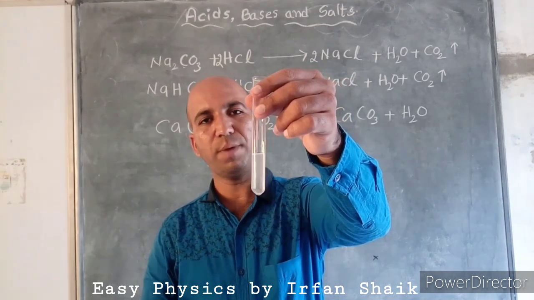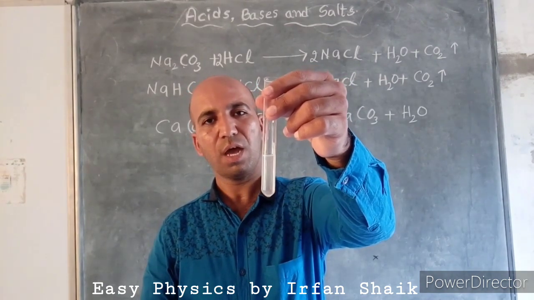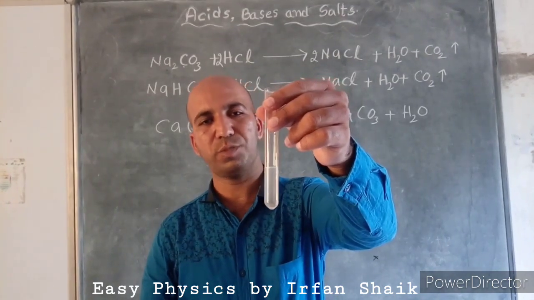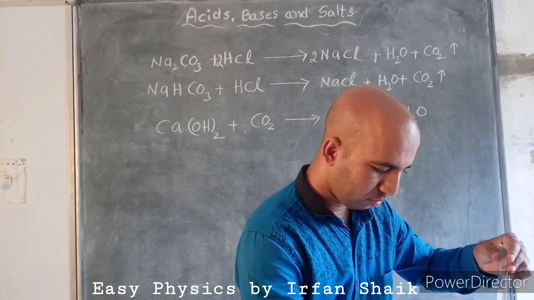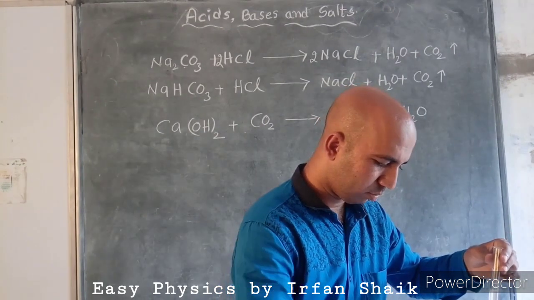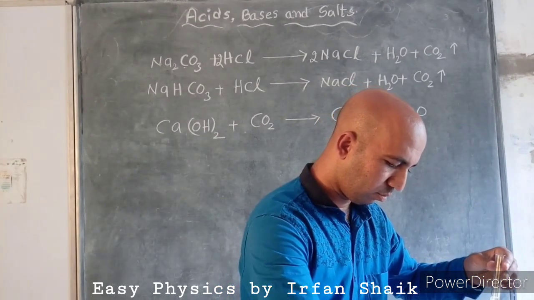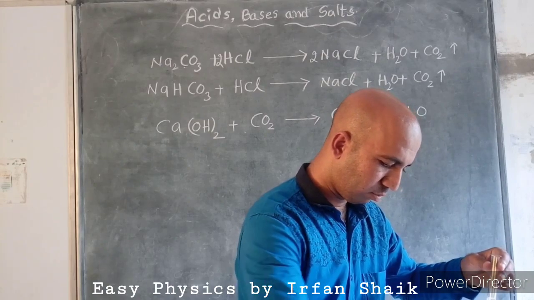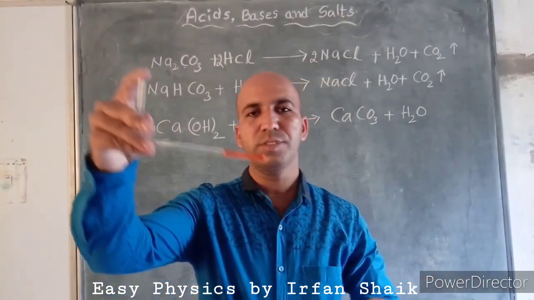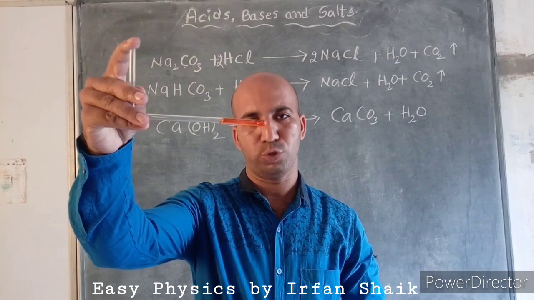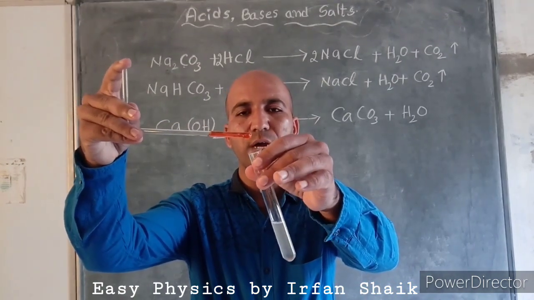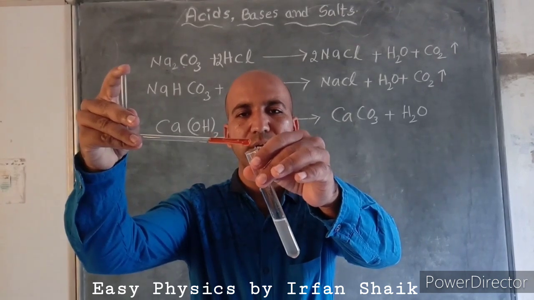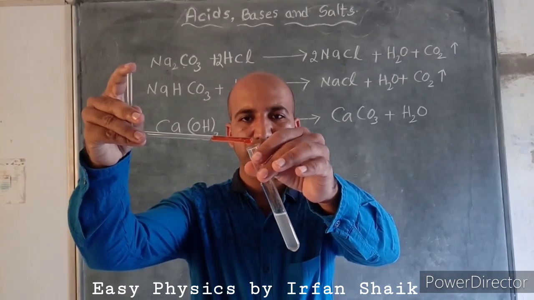To this sodium hydroxide, I am going to add a few drops of methyl orange. So this is the methyl orange solution. Now I am going to add this methyl orange solution to this sodium hydroxide solution, that is base.